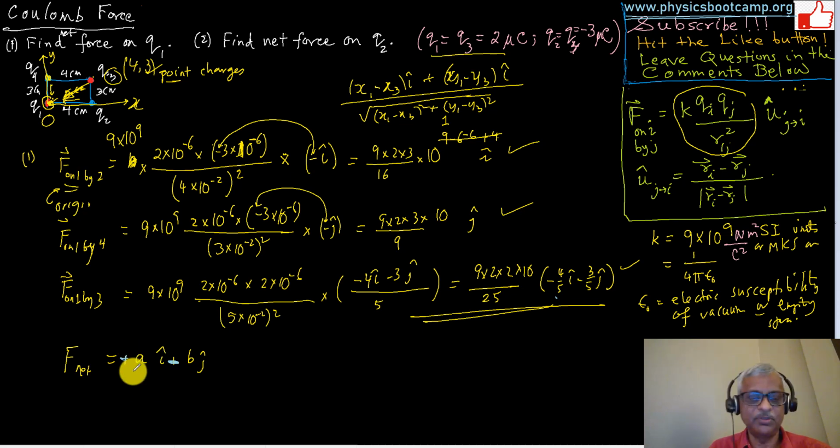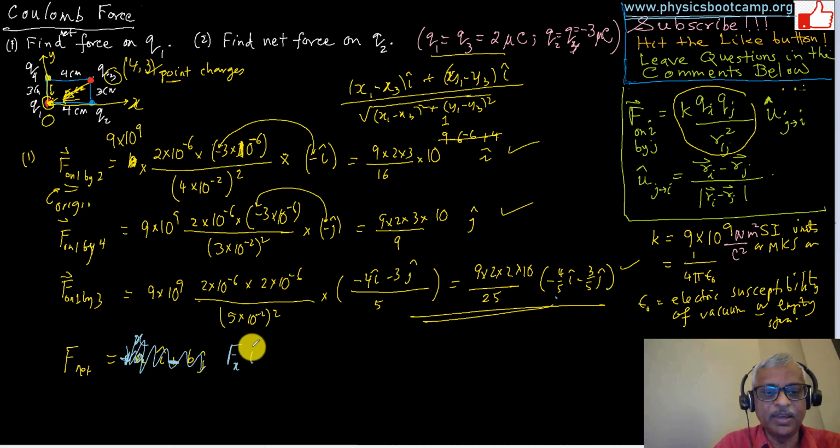I'm not going to work this out fully for you, but the sign will turn out like this. So I'm just going to say I found some sign, and call it fx i hat plus fy j hat. That's some signs over there, right?